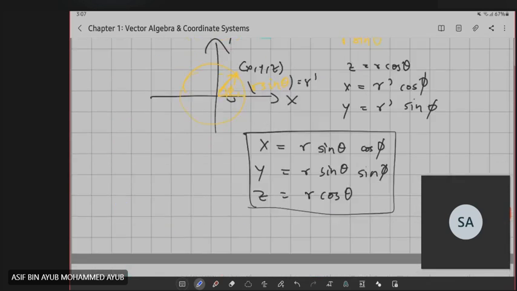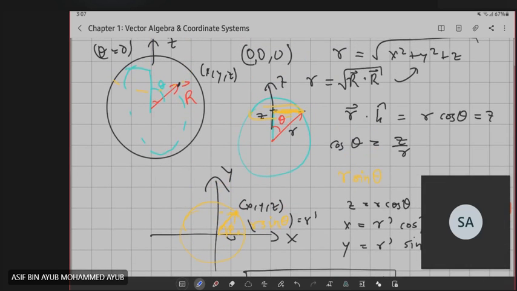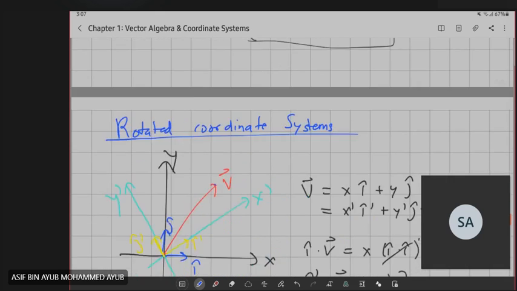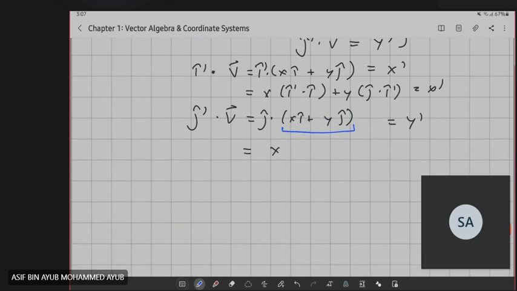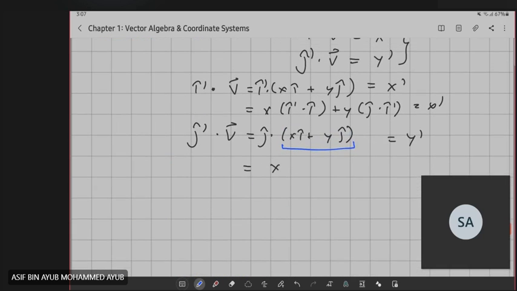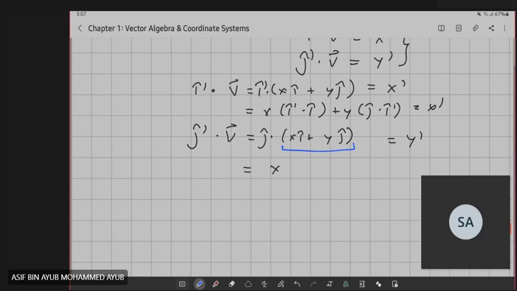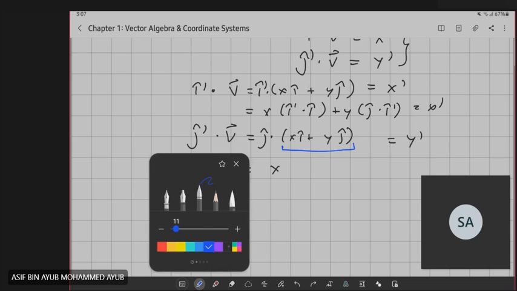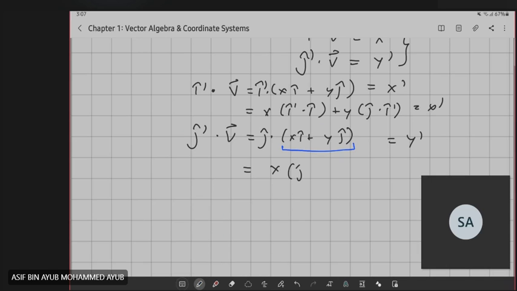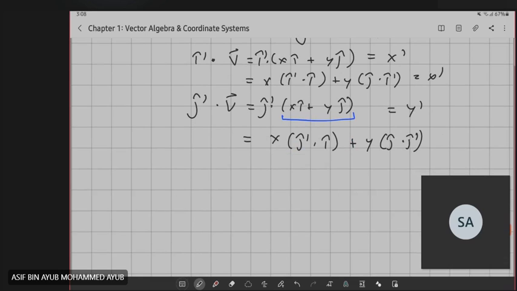Similar to what we did here, where we knew x, y, and z, but wanted to know r, theta, and phi. So I'm trying to find an expression that will give me the rotated frame components. That's our main goal here. So I'll have x j prime dot i plus y j dot j prime. That's going to give me y prime.